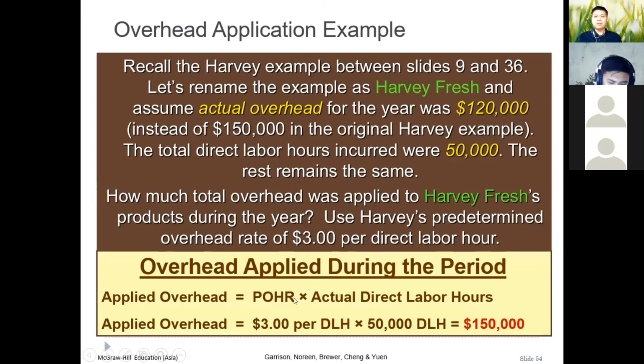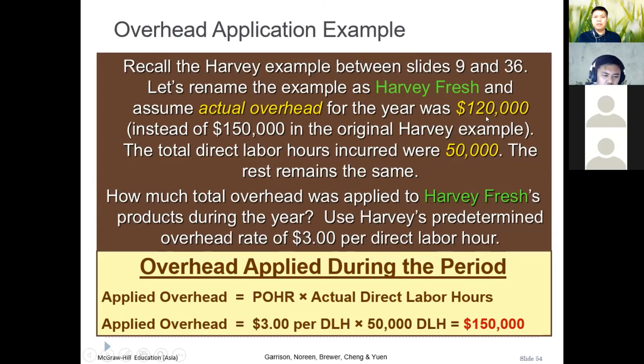Now here, the applied overhead is 3 times 50,000, and that is 150,000. Okay, if this is the applied overhead, 150,000. And this is the actual overhead. If we're comparing the two, 120,000 versus 150,000, did we over or under apply?